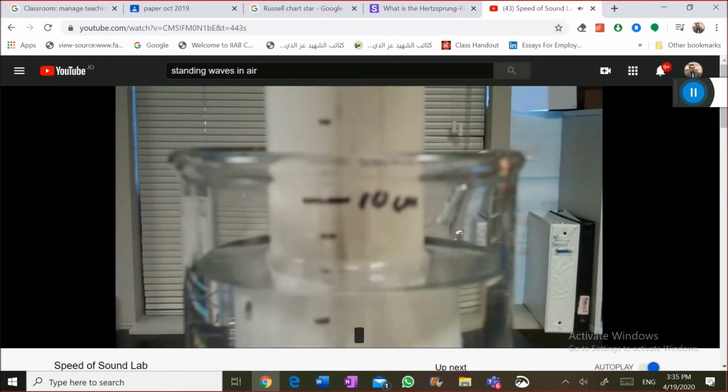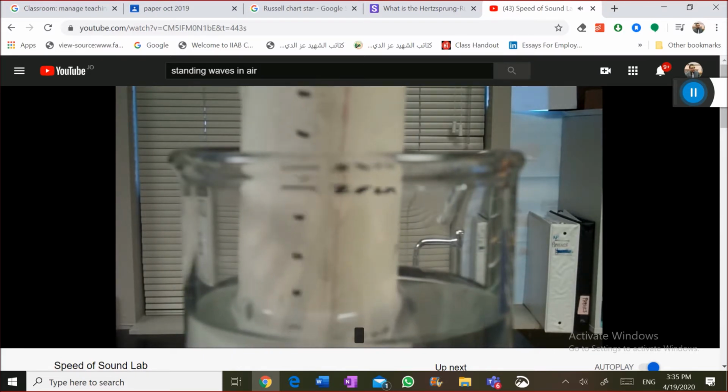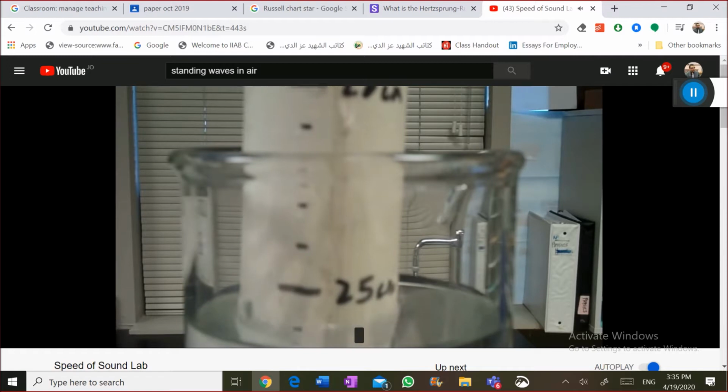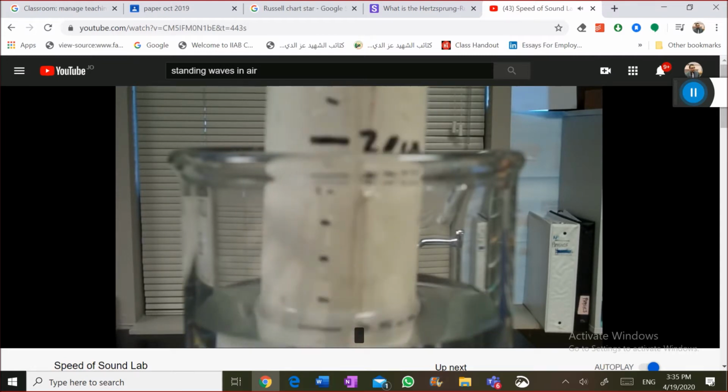Look here, guys. At specific lengths, the sound becomes louder, right? And here, the length of the tube is 25.